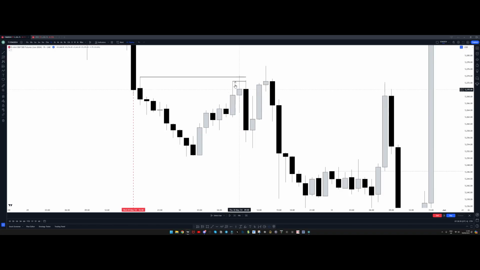This is the 9 o'clock candle. What's the distribution candle? 10 o'clock. Think. 8, 9, 10. 8 o'clock, 9 o'clock manipulation, 10 o'clock distribution.